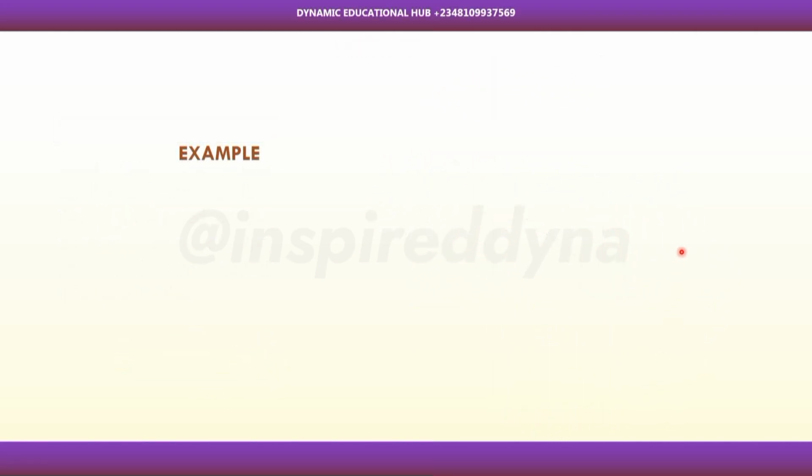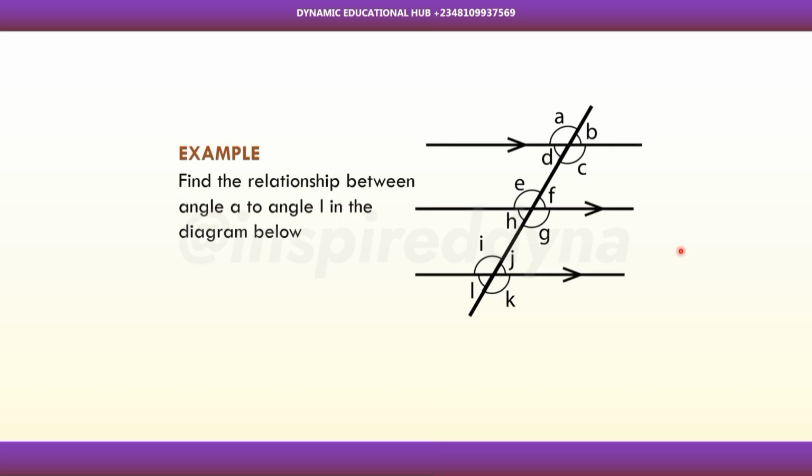Now let's look at an example. Find the relationship between angle A to angle L in the diagram below. What we want to do is equate them and use what we have learned so far to explain why this one is equal to this one. Let's start with A. We can say that A here is equal to C. Why is A equal to C?